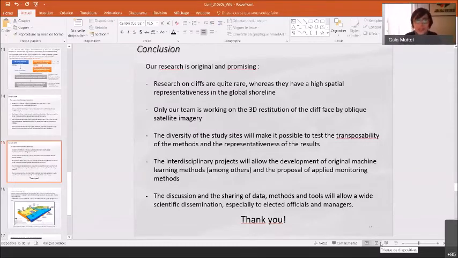My question is about the last part of your presentation, the deep machine learning approach that is very, very interesting. I would like to know if you have already tested this machine learning procedure and what are the first results?